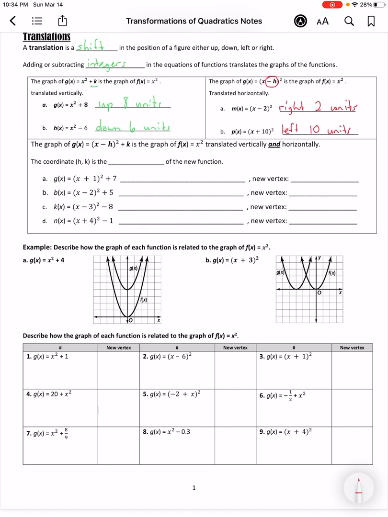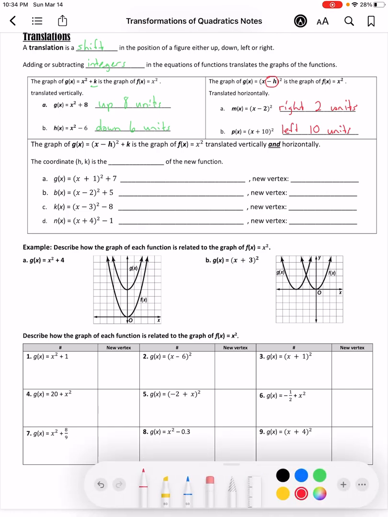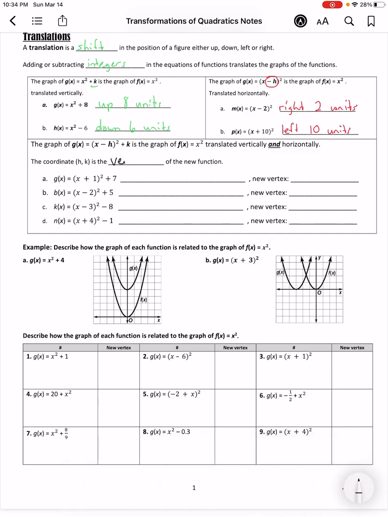The coordinate h, k is now the vertex of the new function. So pulling out the number where h is and the number where k is would be the new vertex when it's written in this form. If we look at our first one, it says g of x equals x plus 1 all squared plus 7. I'm going to look first at the horizontal translation.